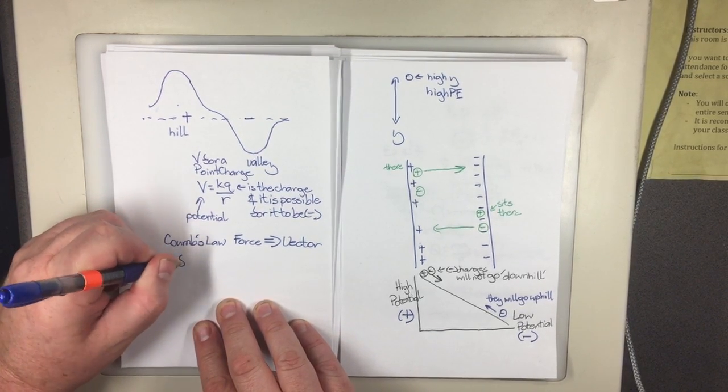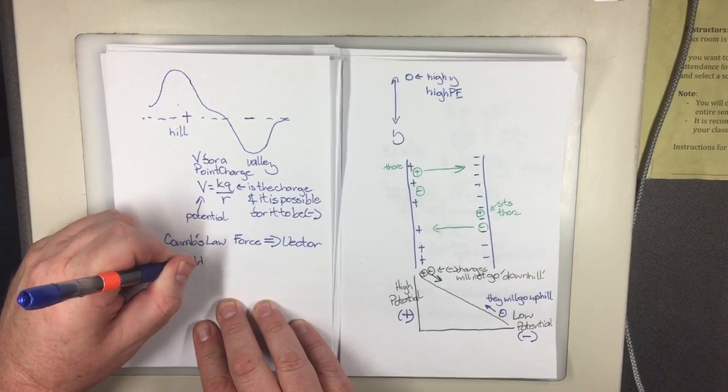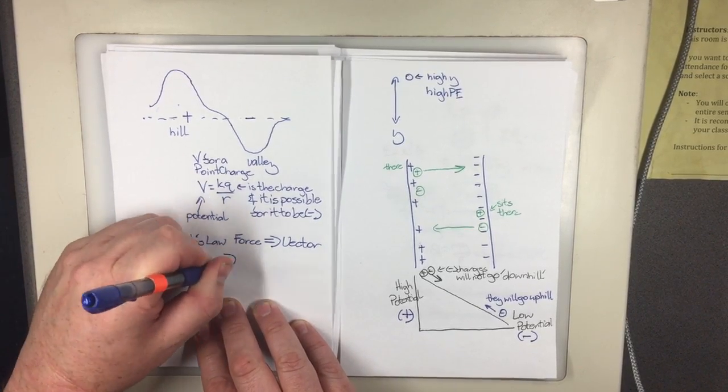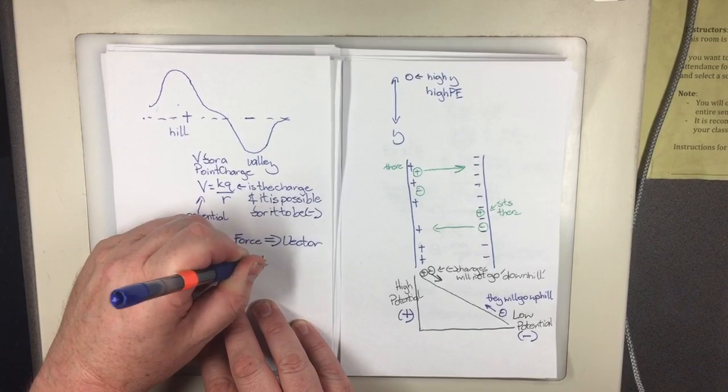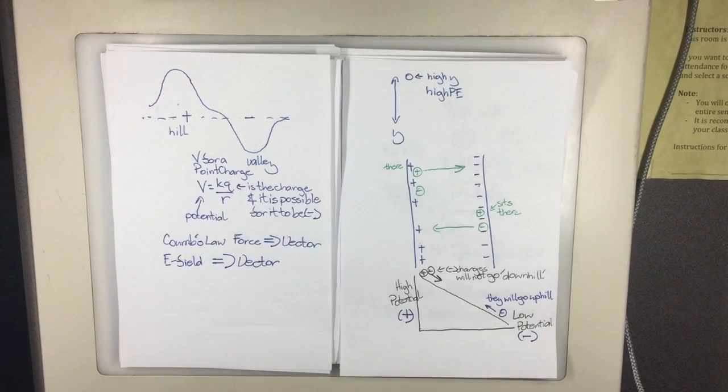Electric field is also used for a vector, so we want that to be positive as well. Once again, vectors do not have negative magnitudes. You just can't have a negative magnitude unless you want to be snarky about it, and we try to avoid that.